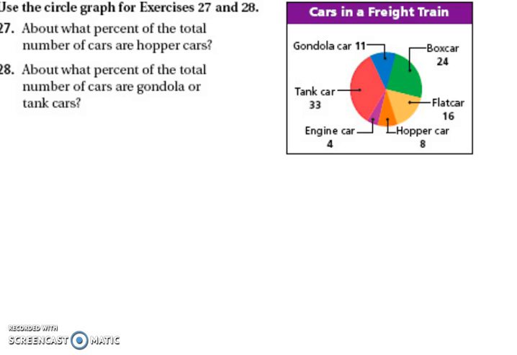Now we're going to lastly look at a circle graph. About what percent of the total number of cars are hopper cars? Remember, to find percent, it's the part over the whole. For hopper cars, I have 8.